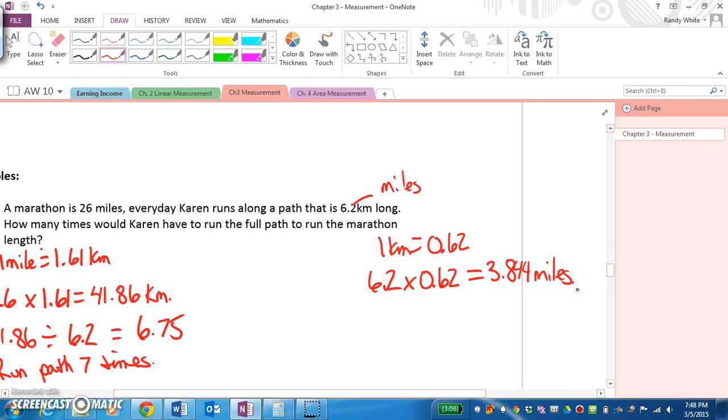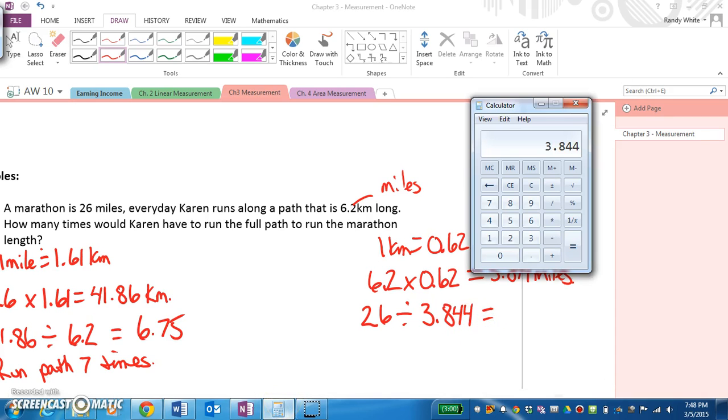So each time she runs along that path, she's running 3.844 miles. So if we take the 26 miles that she runs and divide it by the 3.844 miles that she runs along the path, we should get pretty close to the same answer that we had before.